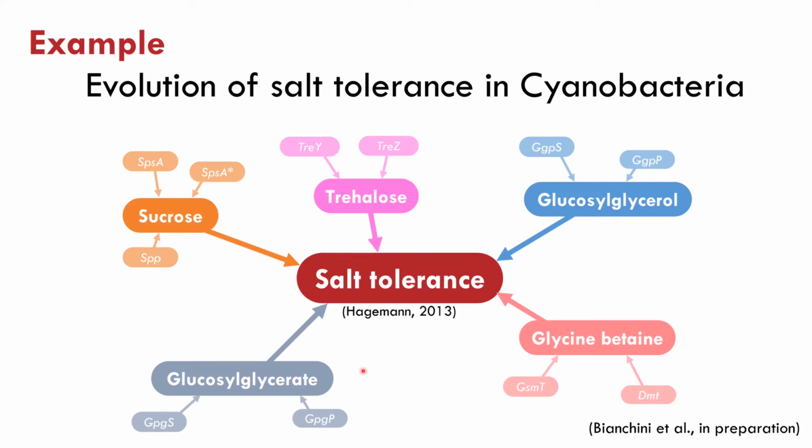And since we have the genomes for a lot of cyanobacteria, we can just look in the genomes for the presence or absence of each of these genes. So the idea here was to use sMap to consider the genes that are used for each compatible solute as being dependent on each other, and then the salt tolerance character as being conditioned on the 5 compatible solutes.